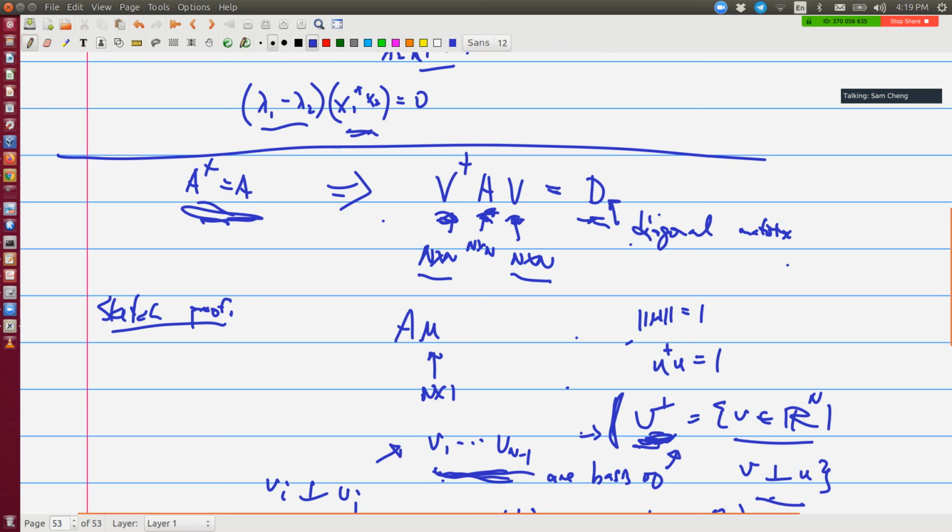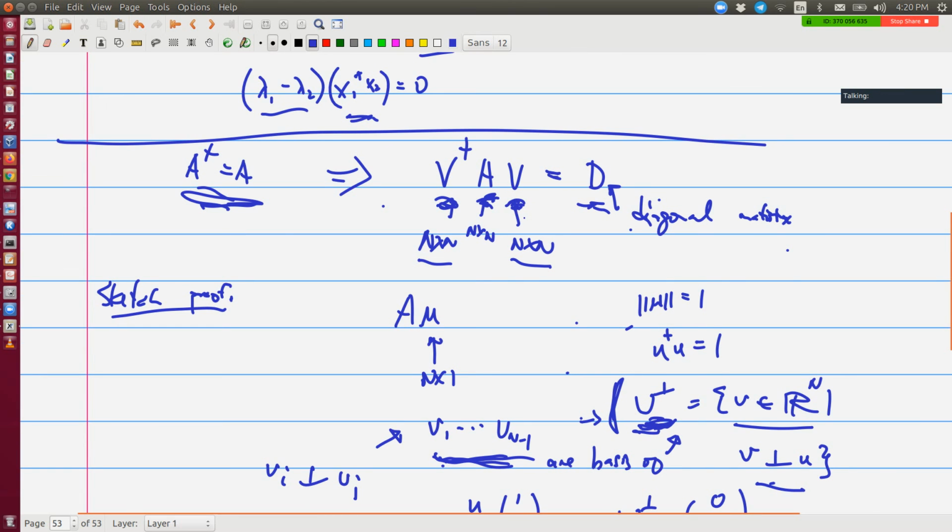But this is a proof showing that under any situation you will be able to find such a matrix, so you will use this property to find it.